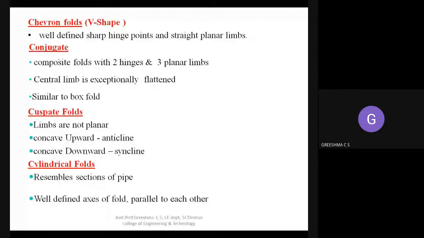Coming to the second one, that is conjugate folds. Conjugate folds are composite folds with two hinges and three planar limbs. The central limb is exceptionally flattened, almost similar to a box. See this one.